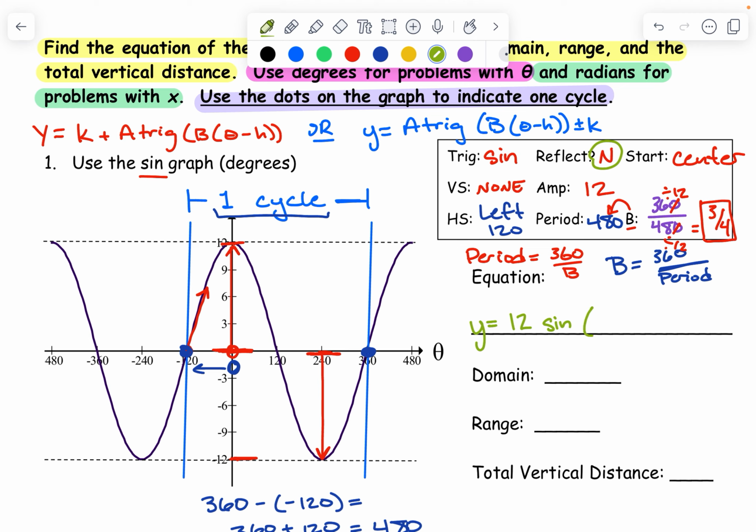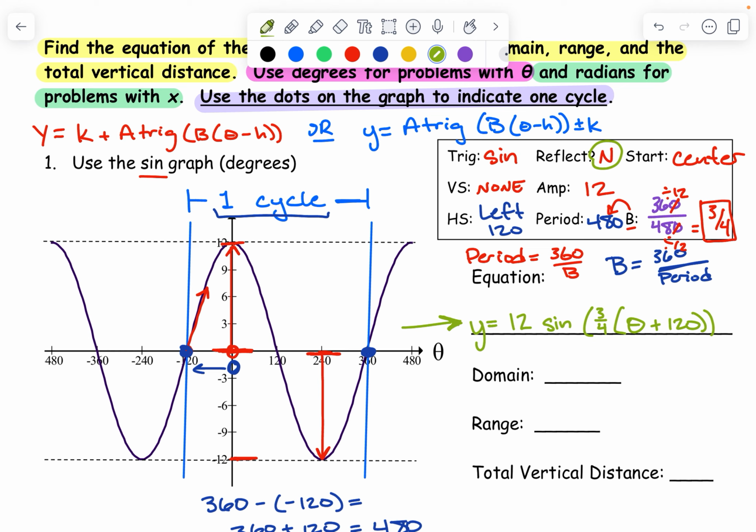Our b, we said, was 3/4. And this problem is in degrees, so we're going to use theta. And then we moved left 120, and this is the one that has the sign that's backwards from what you would expect. You would think left means minus 120, but it's reversed, so we're going to do plus 120, and then close our parentheses. So that is the equation of this graph.